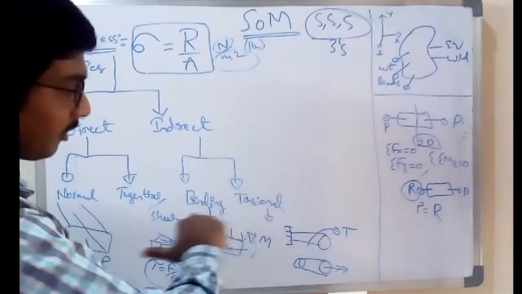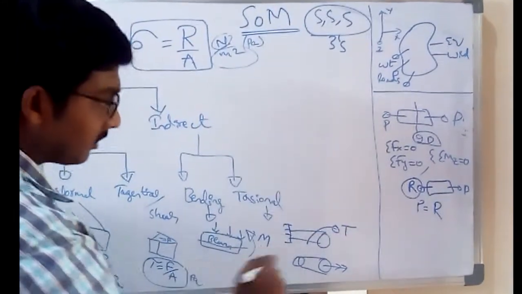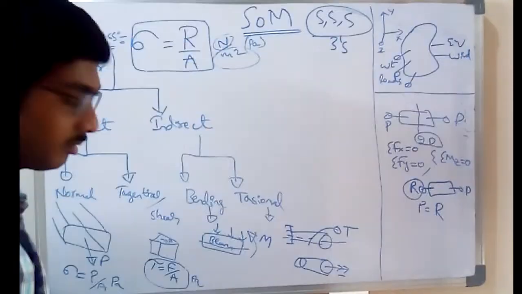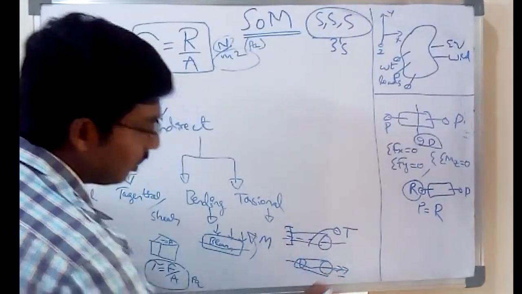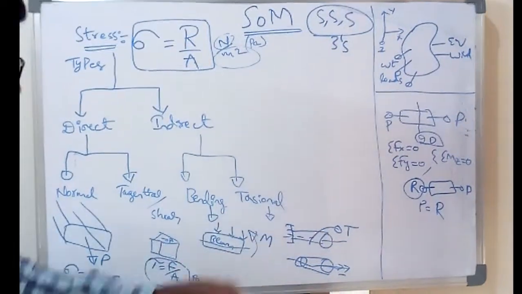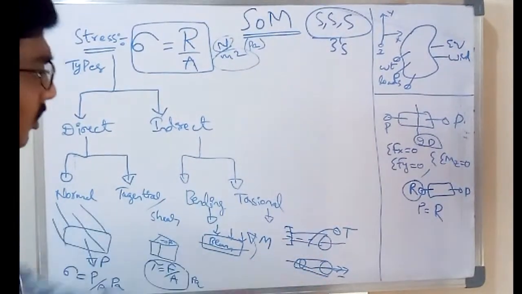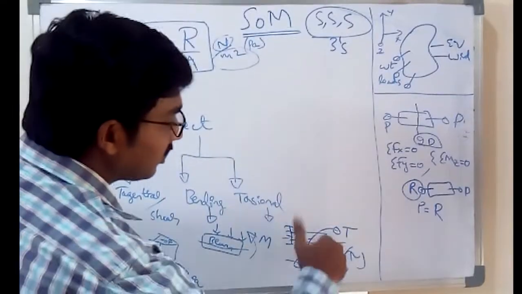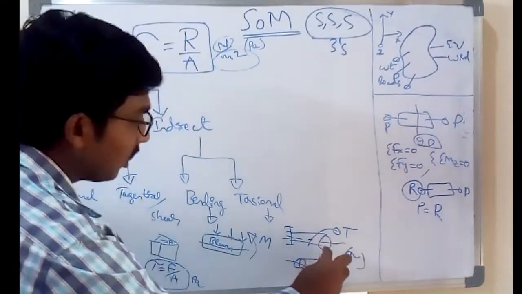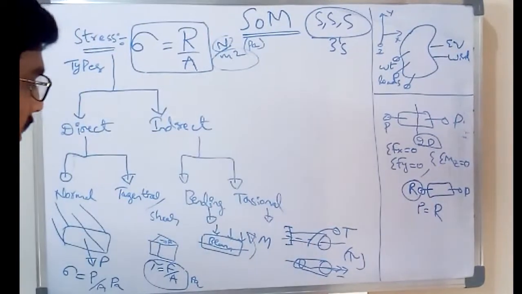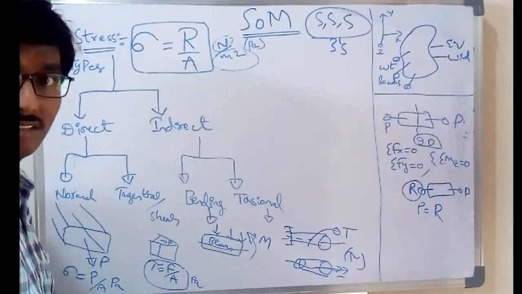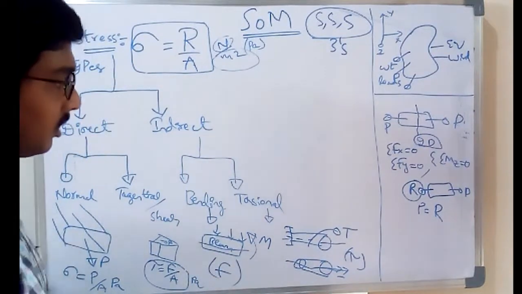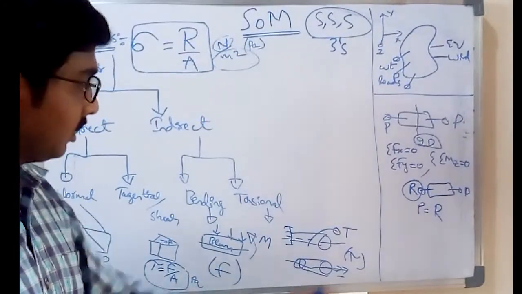So the vectorial notation will be along the axis of the shaft only. Due to this torsional shear stress, there will be distortion in the cross section of the shaft. Due to the bending moment, we will get bending stresses. Due to torsion, we will get torsional stresses.